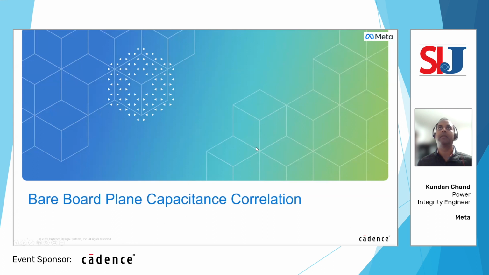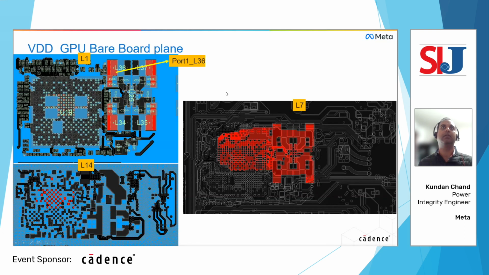Based on this, we started off with the bare board plane capacitance correlation. I'll go over the setup, the board which we used for that. Here, in red, is our plane. On the board layers, the top layer has the VRM positions, and on layer 7 you can see the plane from the VRM going from right to left.